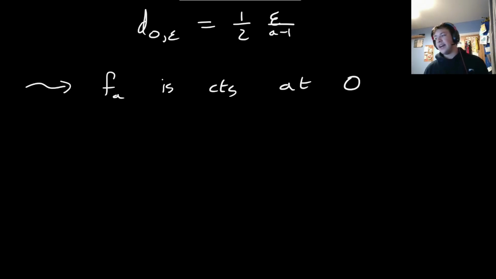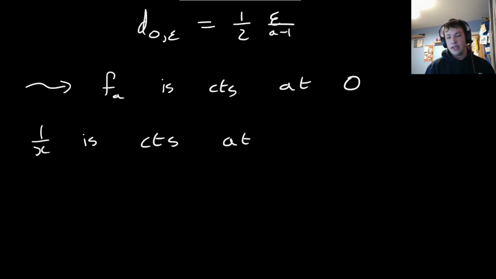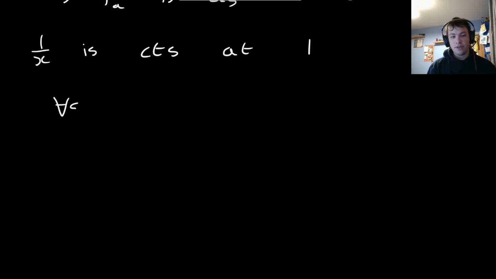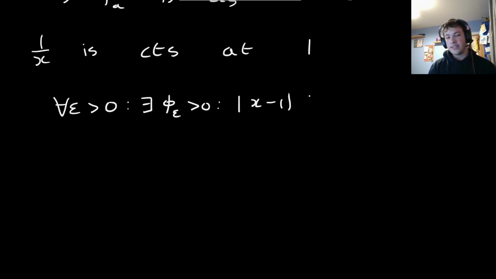And the way we do that is we use the fact that 1 over x is continuous at 1, right? So for all epsilon greater than 0, there exists some phi epsilon greater than 0, such that if mod of x minus 1 is less than phi epsilon, then mod of 1 over x minus 1 is less than epsilon, right?